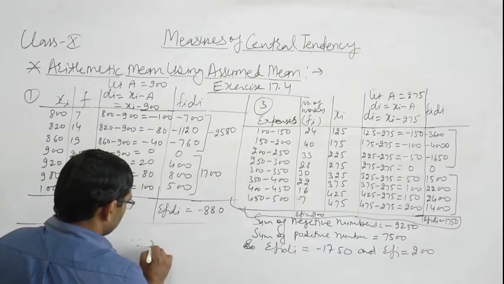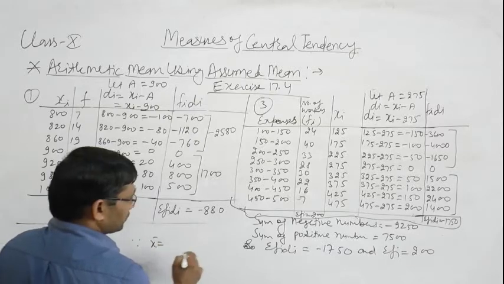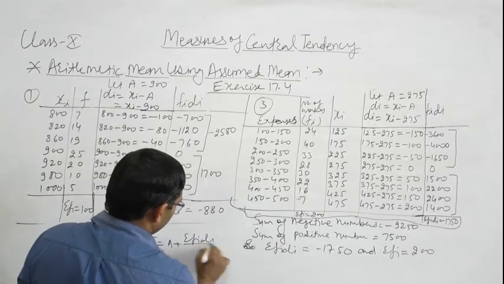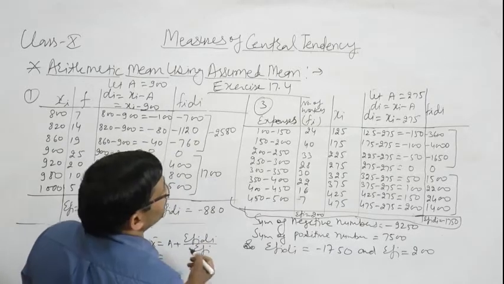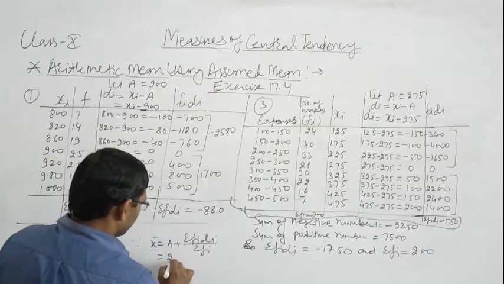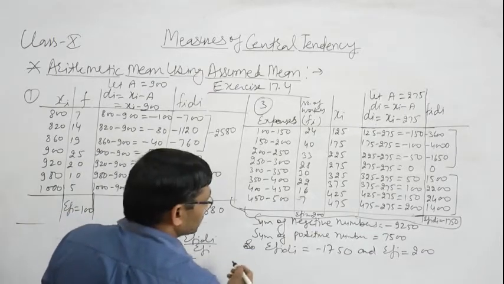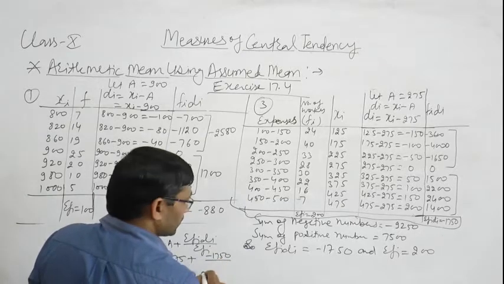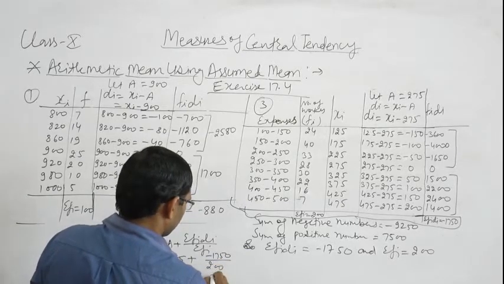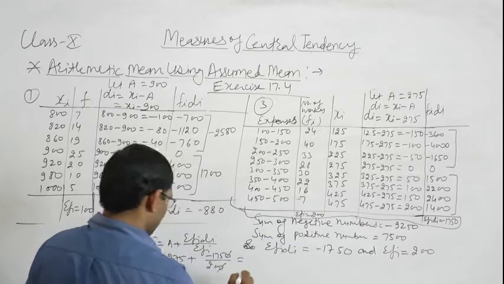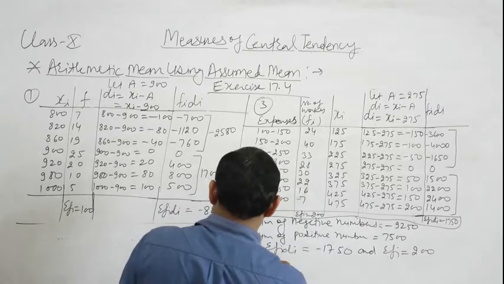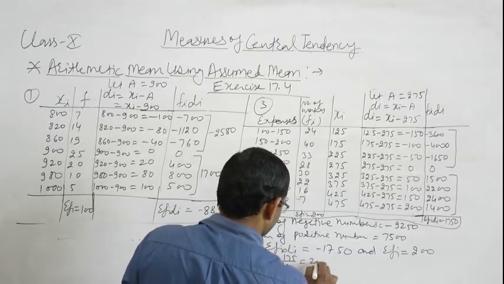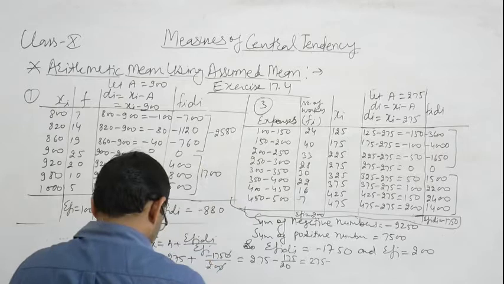Because the arithmetic mean x bar is equal to a plus sigma fi di upon sigma fi. Here a is 275 plus sigma fi di, which is minus 1750, upon 200. One 0 is cancelled by 0, that is 275 minus 175 divided by 20.